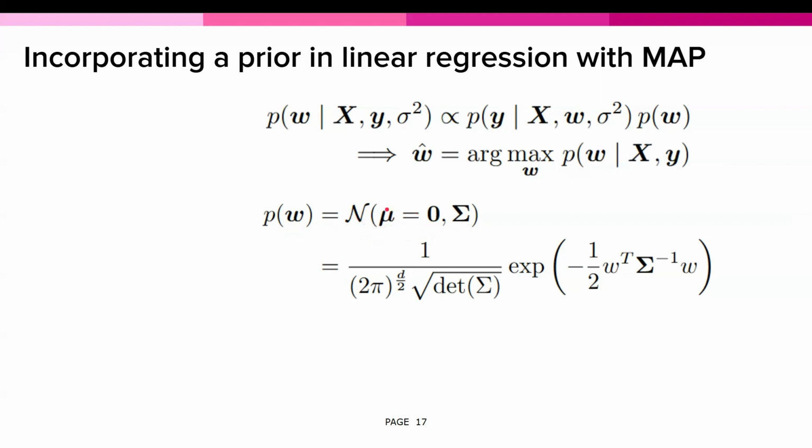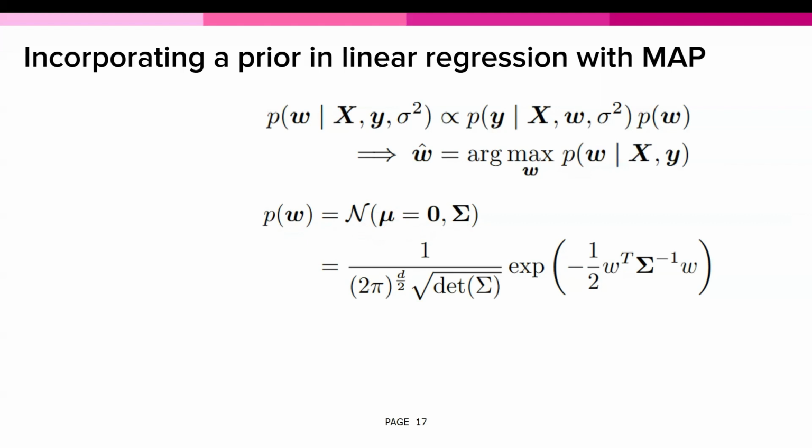We would center it at 0, which means that before we've seen any data, we expect the weights to be around 0. We don't expect them to be biased on one side or the other.